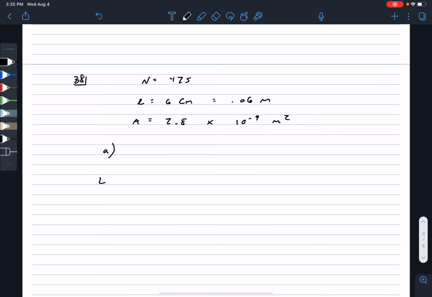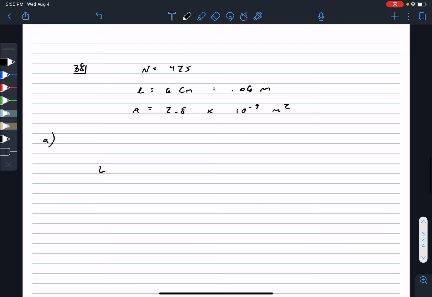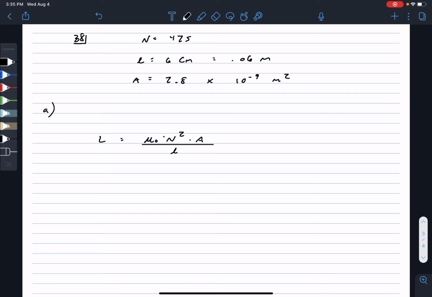So we have a handy formula for inductance. It's mu naught times the number of turns squared times the cross-sectional area over the length. This would be for a solenoid. So we can essentially just plug everything in that we have, right? This is 4 pi times 10 to the negative 7 Tesla meters per amp, times 475 turns squared times 2.8 times 10 to the negative 9 meters squared.